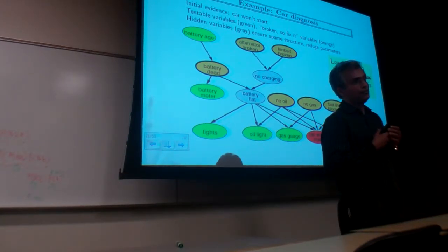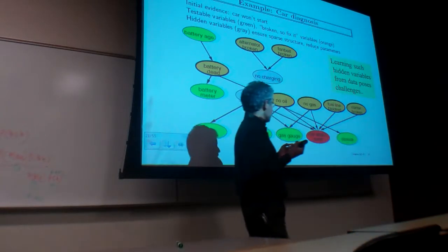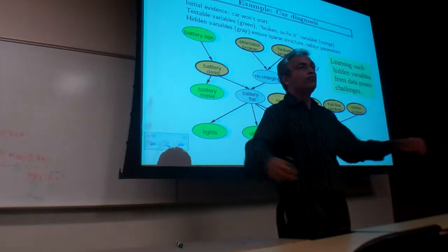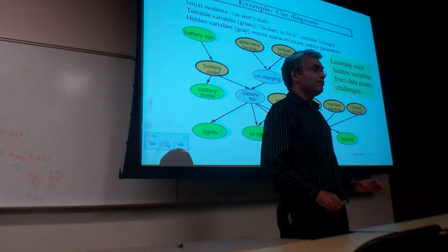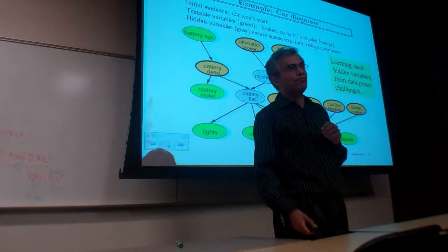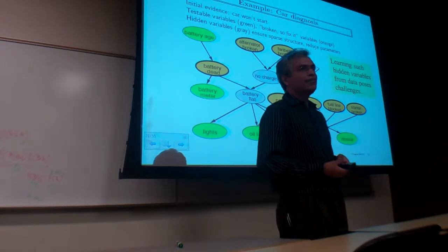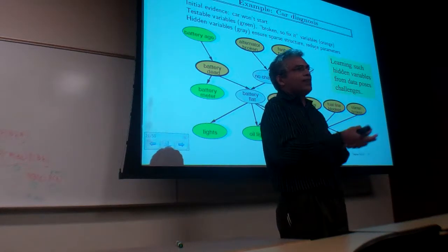Okay. The last thing is that I don't even give you the topology. I just give you the data. That is incomplete, and I don't tell you the topology. That's what science is. I have some data, and I'm trying to figure out some random connection.